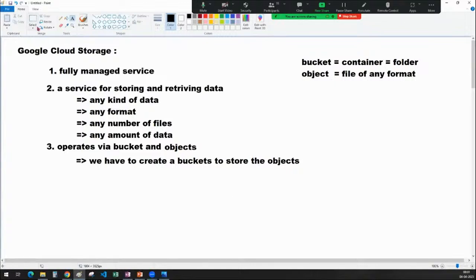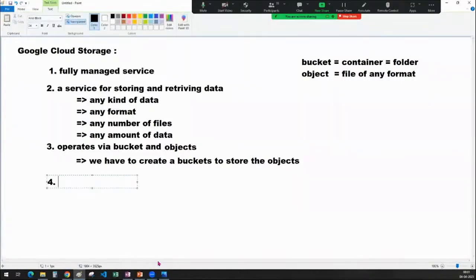Sir, so far everything seems good. The fourth point I want you to understand is that Google Cloud Storage allows worldwide storage and retrieval. What does that mean, sir? I do not know. One more basic concept is coming, sir.